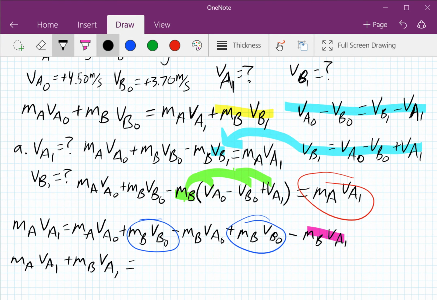So we're going to have MA VA initial plus 2 times MB VB initial minus MB VA initial.